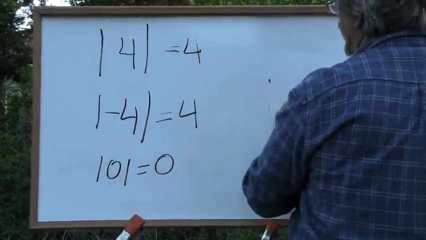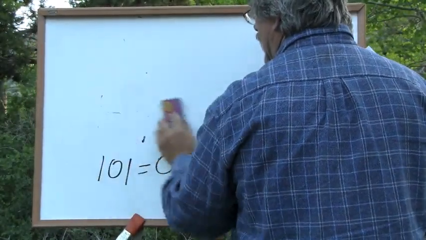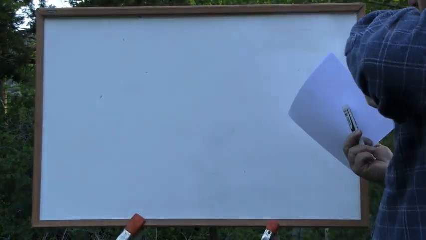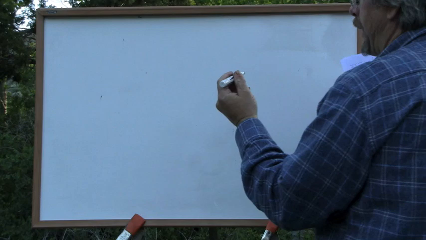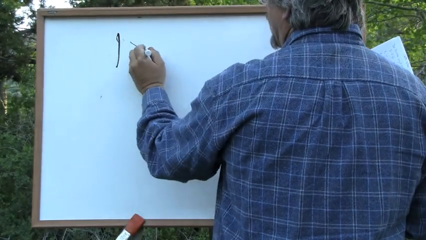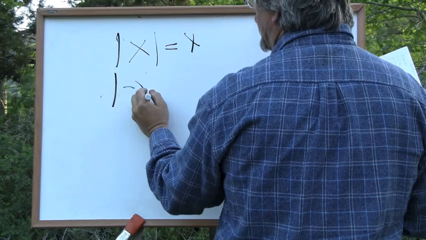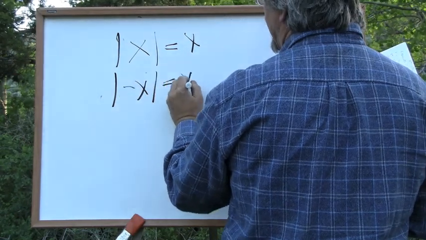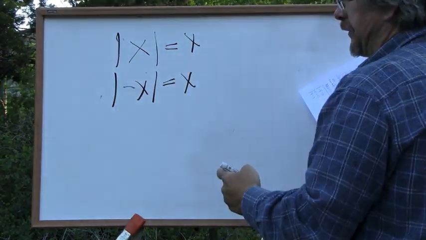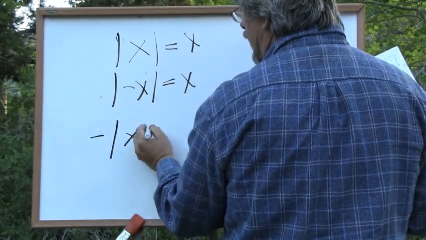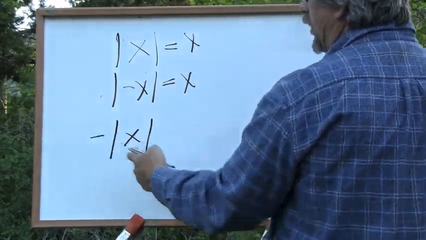There is one exception that I'll show you, and the exception is very easy. Whenever you see anything in an absolute value bar, the absolute value of x is x. The absolute value of negative x is x. The exception is if there's a negative on the outside of the absolute value bars.